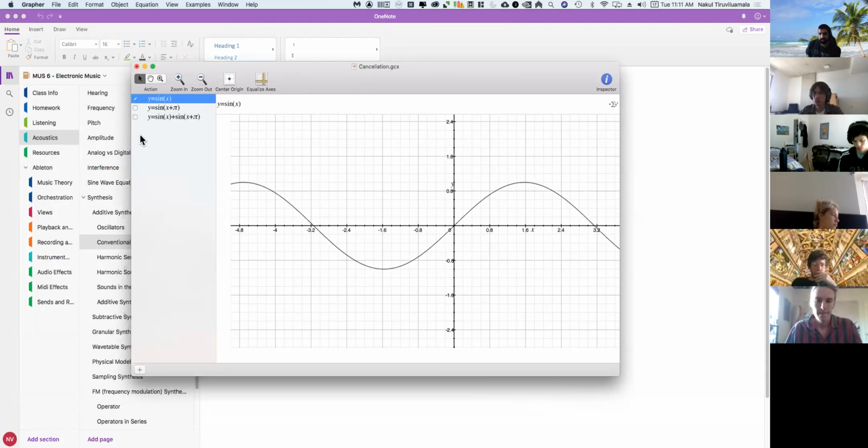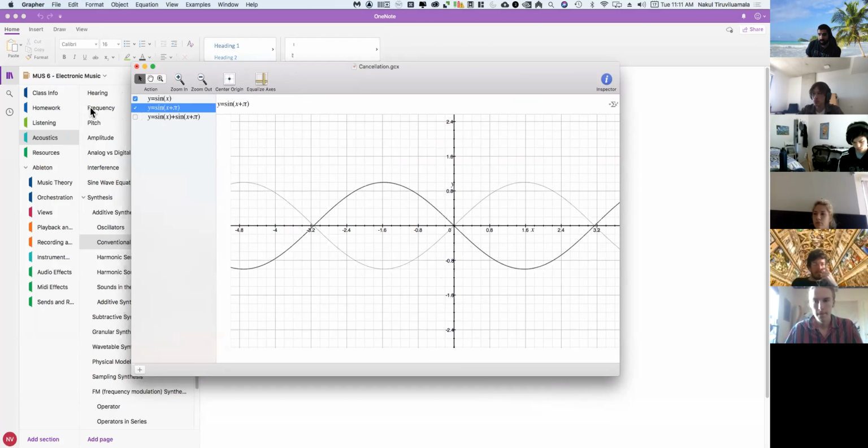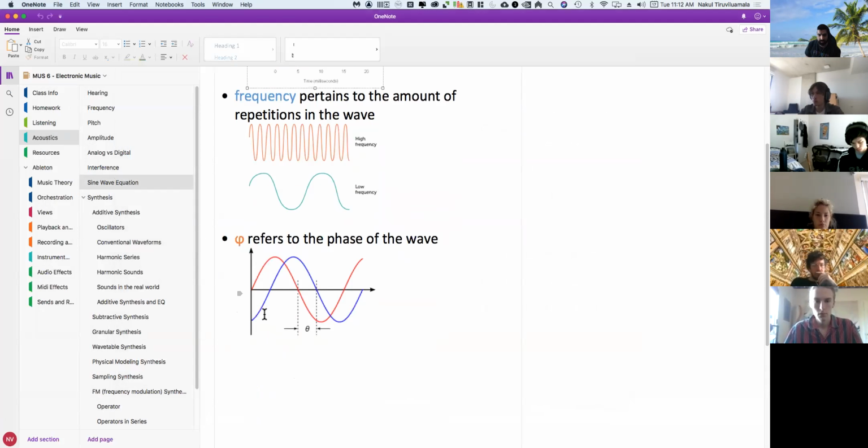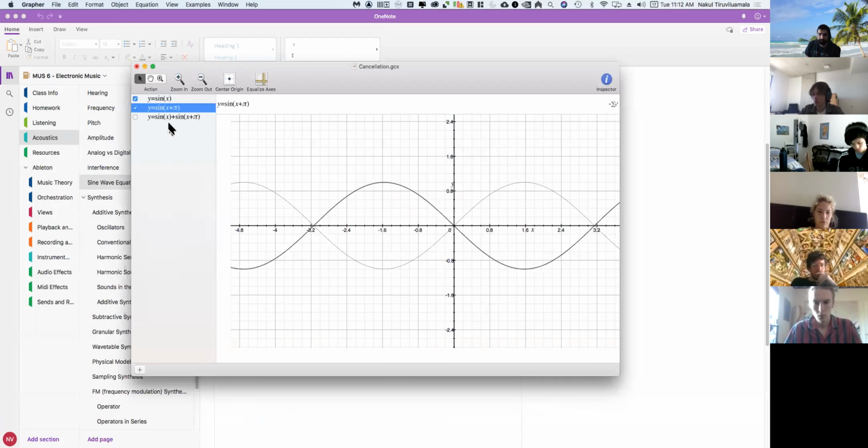So if this is a sine wave, and I take the same exact sine wave and shift it so that its phase is different, basically I'm shifting it over to the right or to the left. This is the same exact shape, but I'm just moving it right on the graph. I'm changing the phase of the wave.